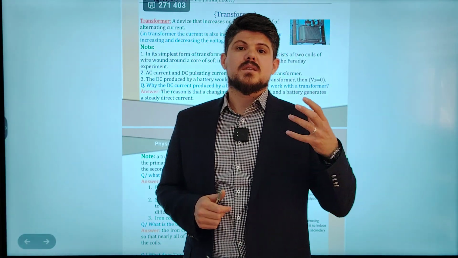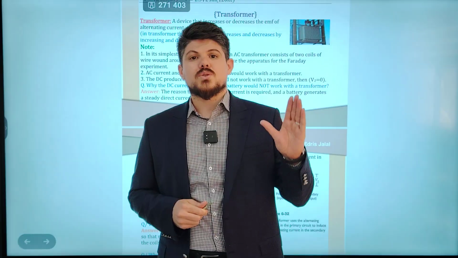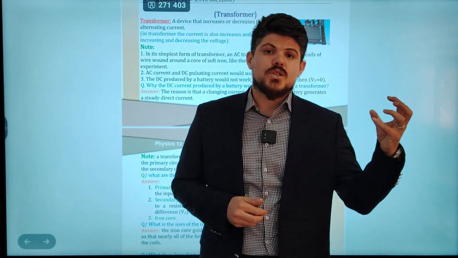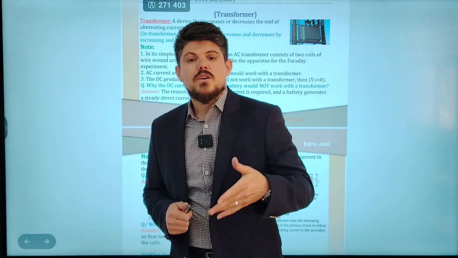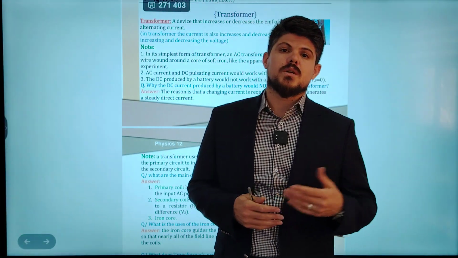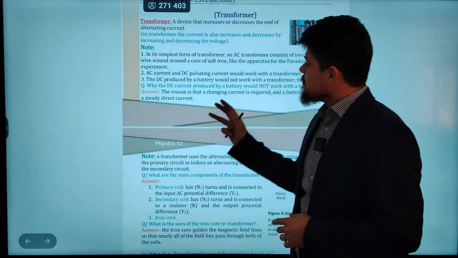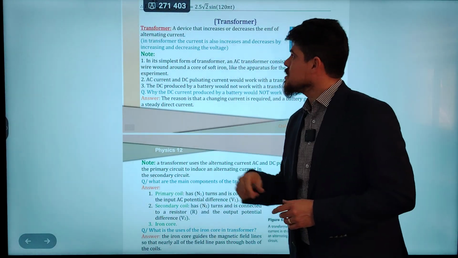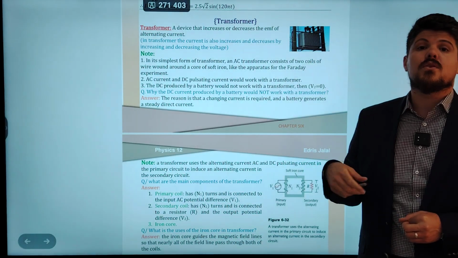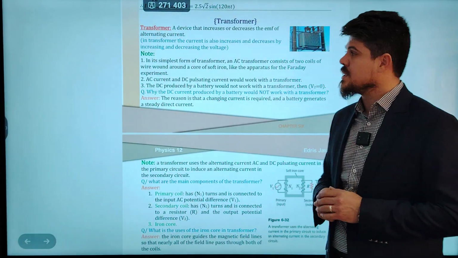Each charger has a transformer, and the transformer of a charger is a step-down transformer. It decreases the potential difference from 240 volts to 5 volts or 10 volts, depending on the device. And the definition of a transformer, guys: a device that increases or decreases the EMF, potential difference or voltage of alternating current, AC current.